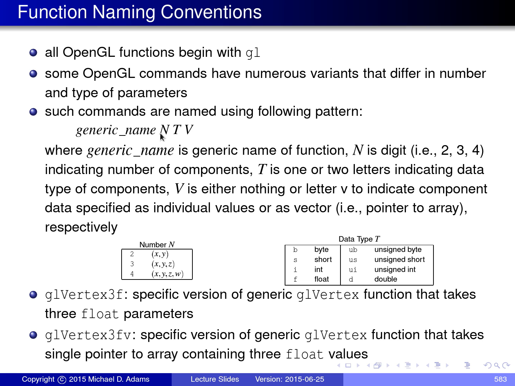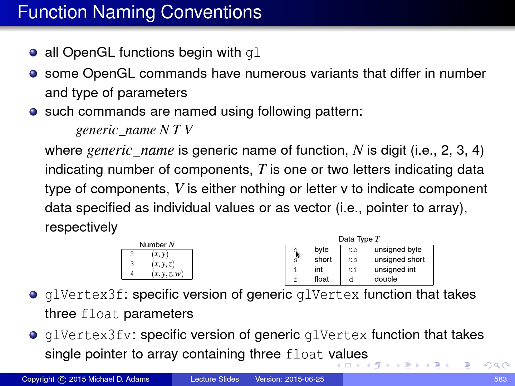So there's a number of different variations on how things are named, but all of them start out with some generic name, and then this letter N here corresponds to the digit 2, 3, or 4, which is specifying how the coordinates associated with this particular command are specified, whether it's an xy coordinate or xyz or homogeneous coordinates. The next part of the name, T, is either one or two letters indicating the type of the components that are specified.